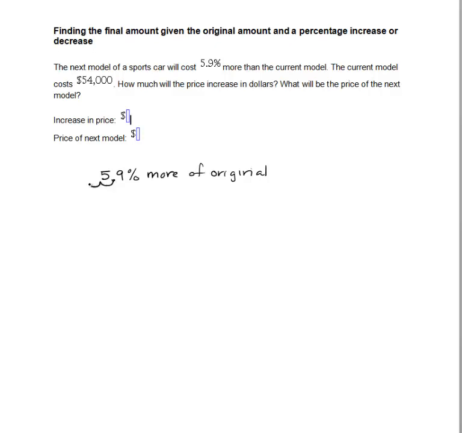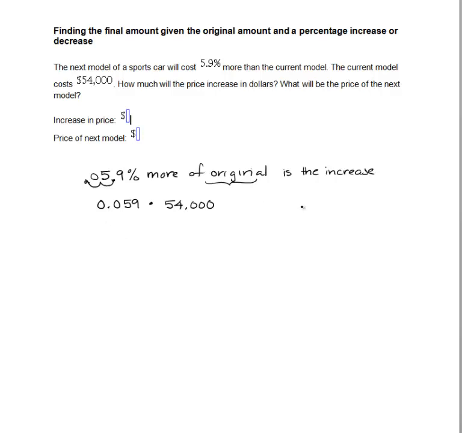Remember, we move that 2 places to the left. So we have 0.059 times the original, or the current, which is $54,000. So that's going to give us the increase.